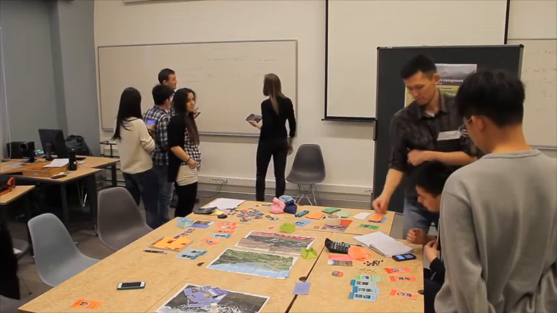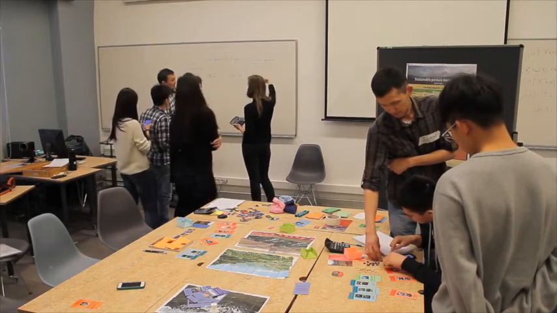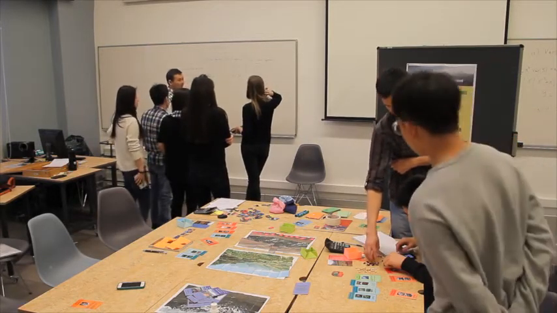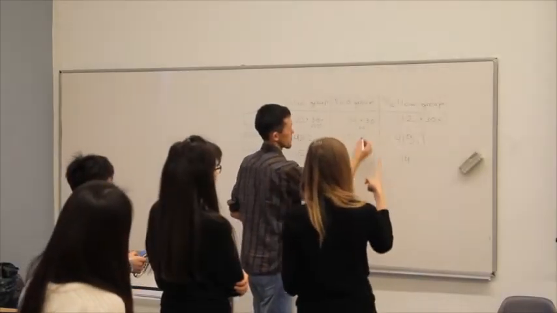Have you counted properly? What's the fifth yellow group? How many elements? 120, 660.